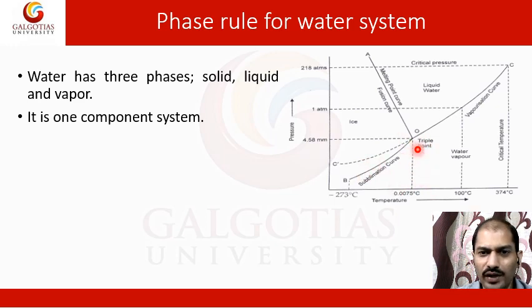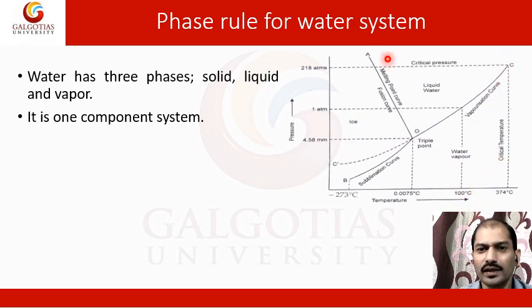So this point is very important, the triple point. You can see at what particular pressure and temperature this triple point is coming. The critical pressure is the maximum pressure you can see here. The critical temperature is also here, about 374 degrees Celsius, and it is about 218 atmospheric pressure, which you call the critical pressure and critical temperature of the liquid.